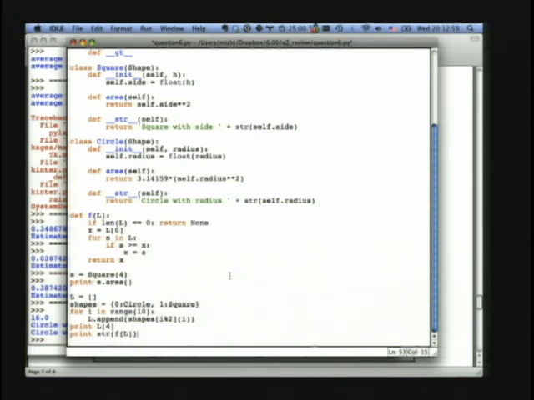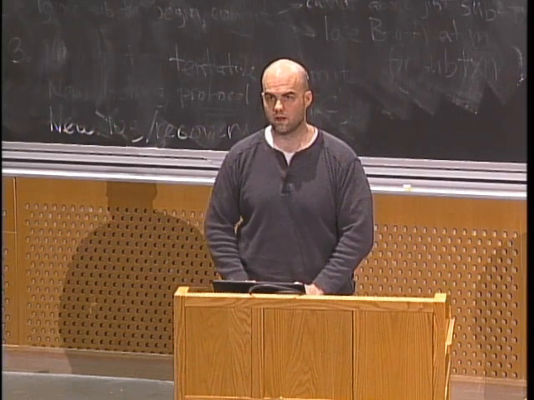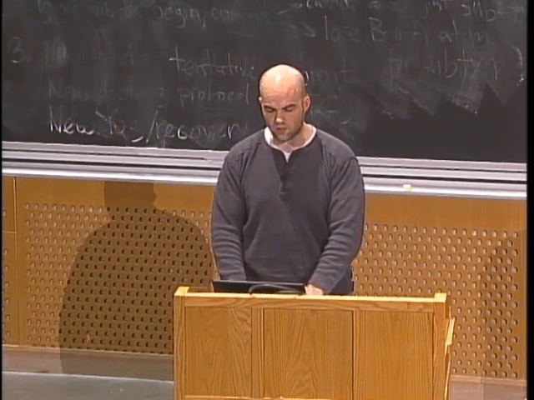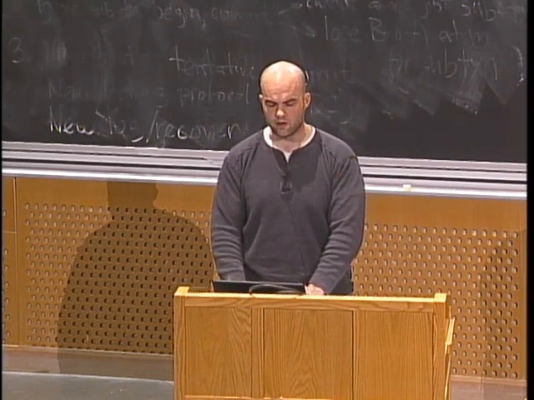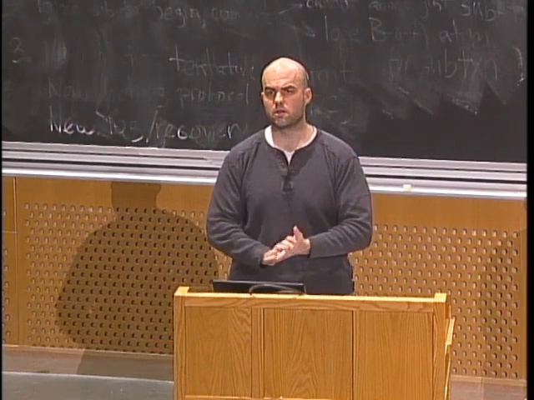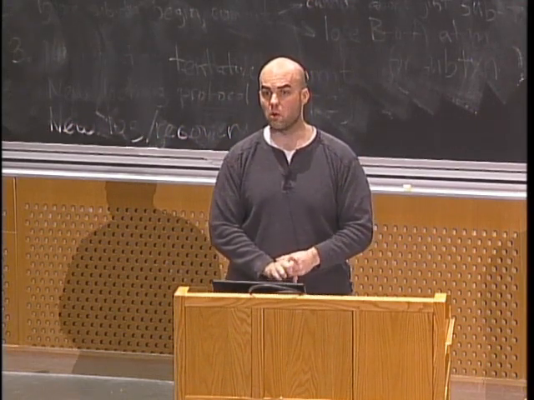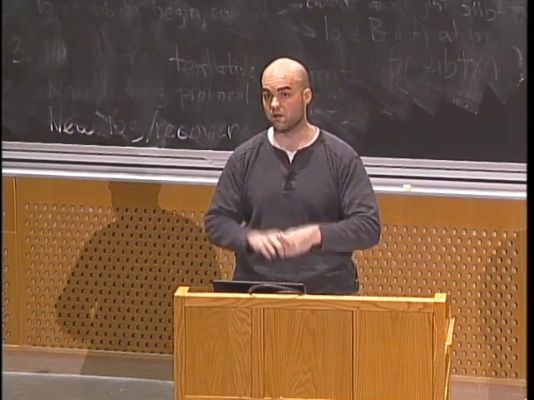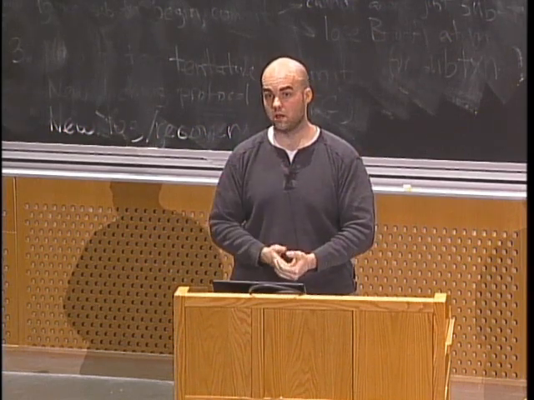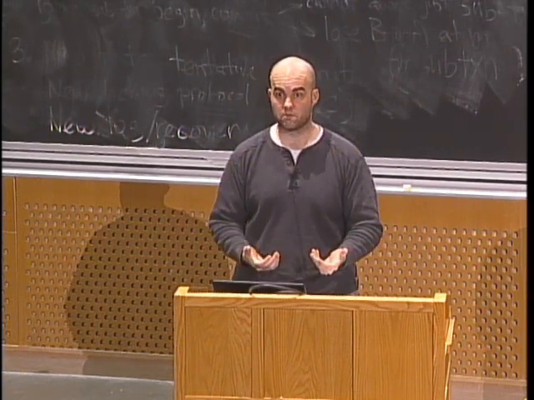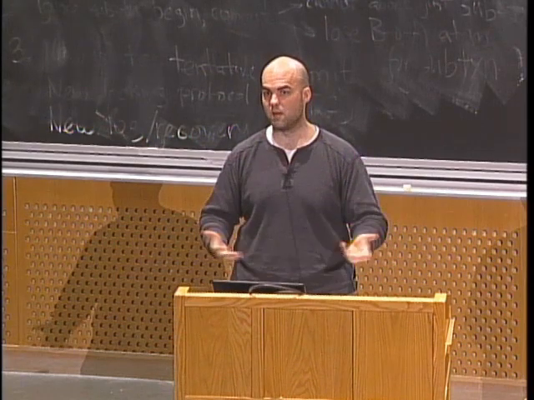In this flavor of Python, if you don't have an explicit conversion to string, Python will look for the underbar str function if it exists. If it doesn't exist, then you get that weird object at blah, blah, blah.